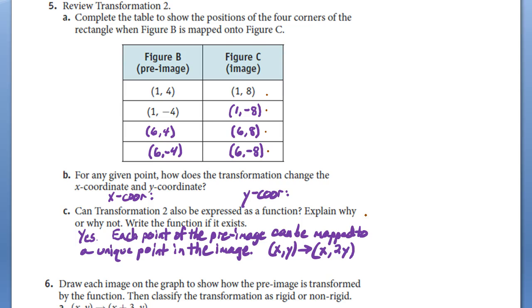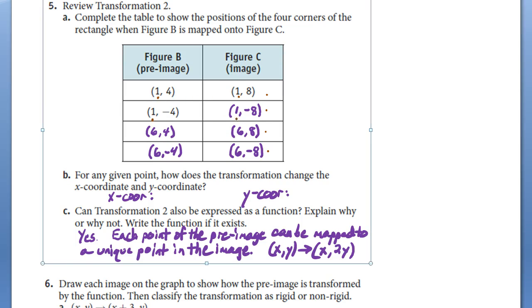So for any given point, how does the transformation change the x-coordinate and y-coordinate? Let's do the x's first. 1 and 1, 1 and 1, 6 and 6. What's happening to the x-coordinate? There's no change. That's not the case for the y-coordinates. That y-coordinate is 4 and that's 8.